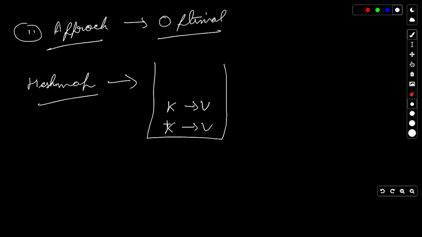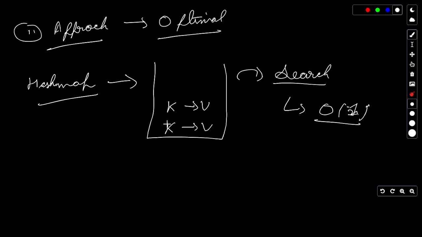One good thing about a hash map is that we can search elements inside it in a constant time complexity of big O of 1. Searching is very efficient in a hash map, which is why we will be using it.